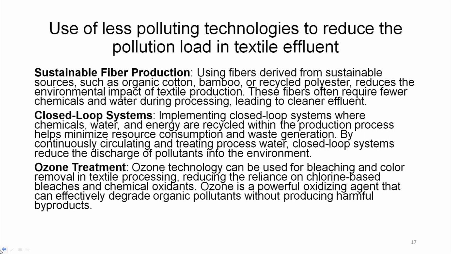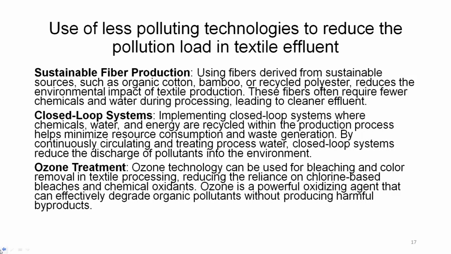By continuously circulating and treating process water, closed loop systems reduce the discharge of pollutants, and this is one of the best ways. Whether or not we can do it in all cases is another question, but if we can do it, it would be the most ideal situation.